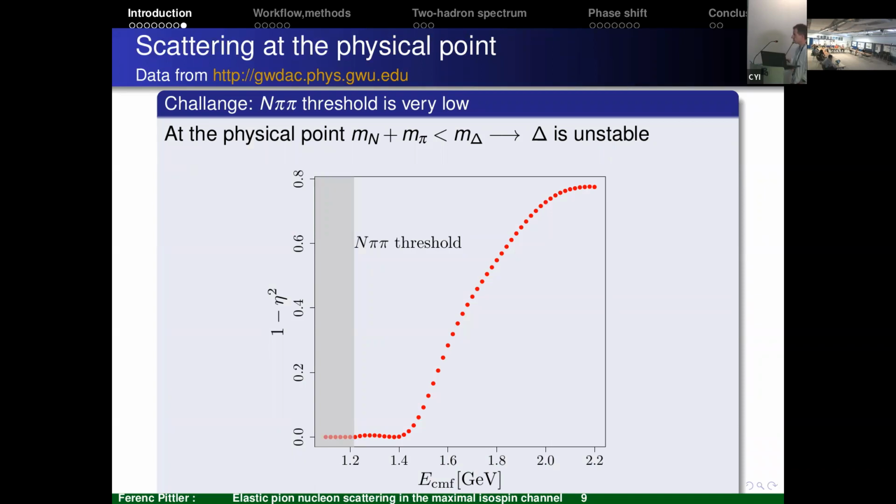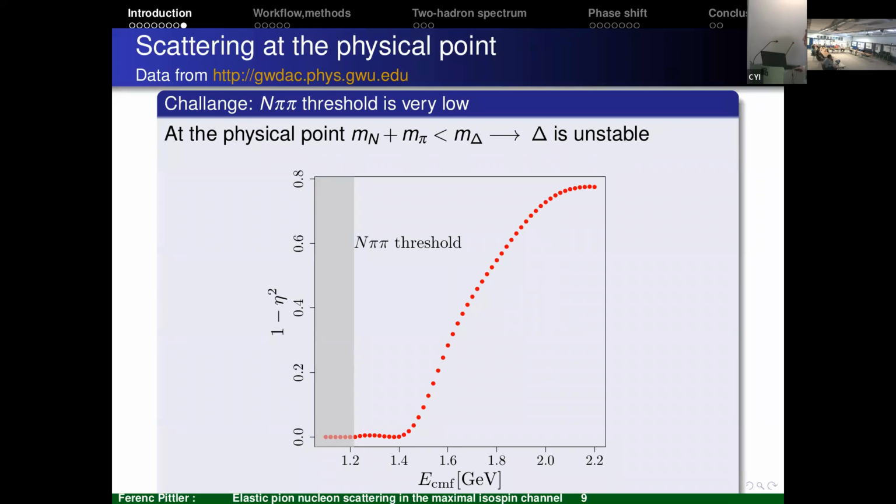Another challenge is that this formula works only below the two-particle threshold, or in the pion case, the three-particle threshold. However, we can check using experimental data, the so-called inelasticity, whether the scattering will be inelastic also beyond the threshold we are interested in.